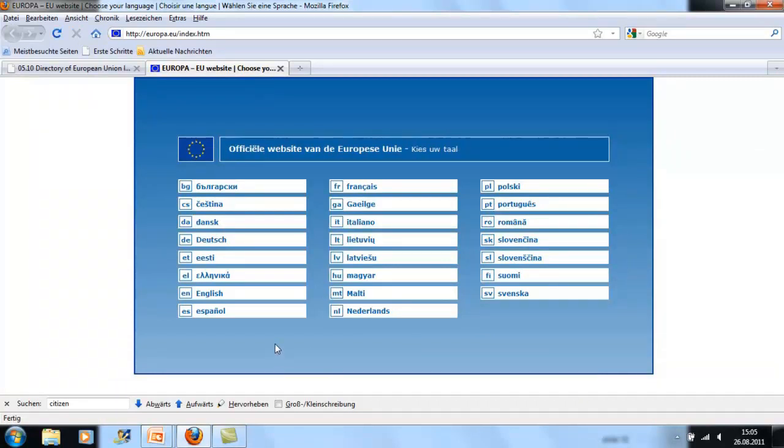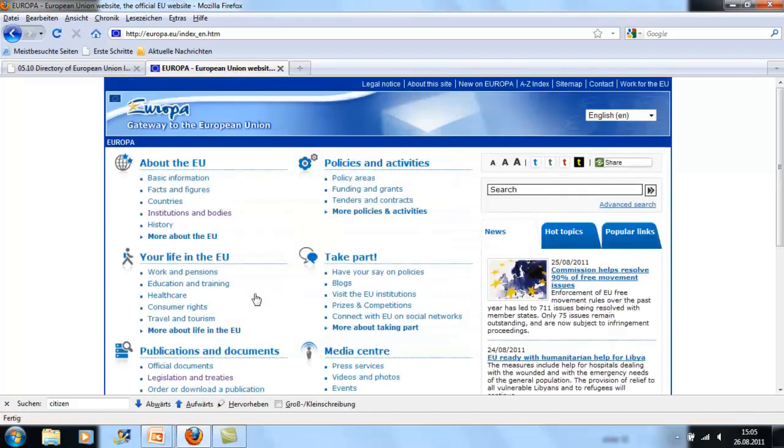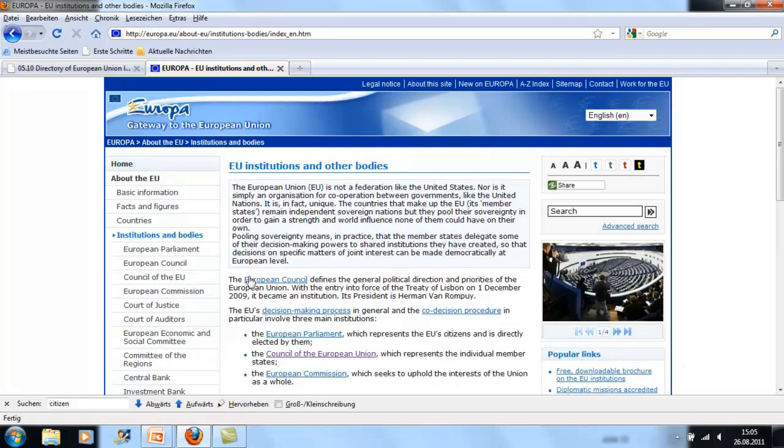Once again, we'll go to the web page of the EU, select the language, and you have to know that there are two databases to find out, and I will show you one way. Click on Institutions and Bodies, as one of these databases is run by the Council of the EU.